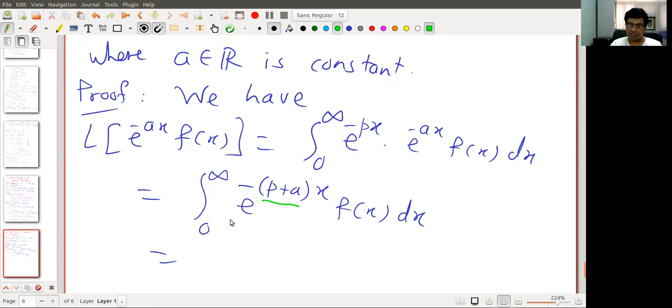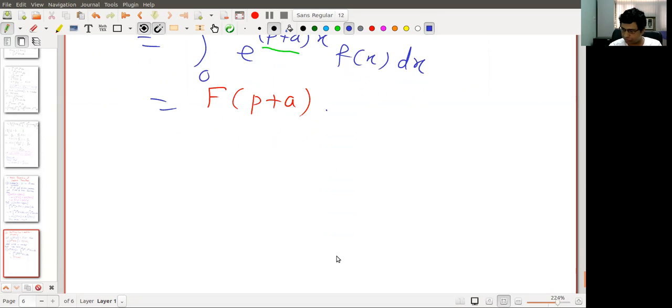So this is nothing but capital F of p plus a, and this proves the result. Let us see some examples and then we move to next property.